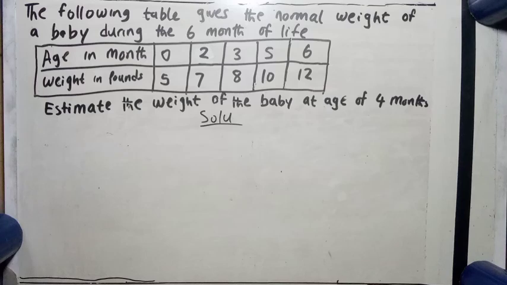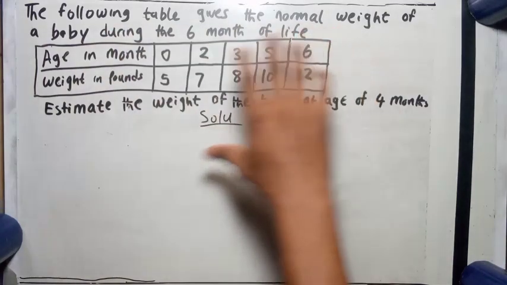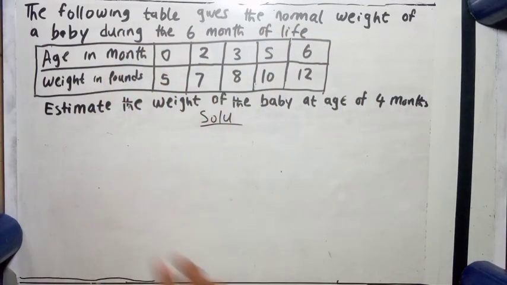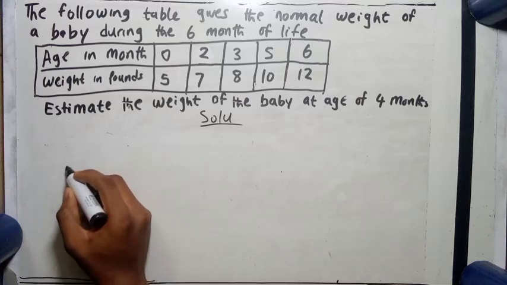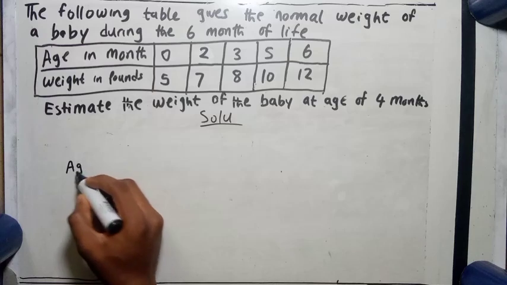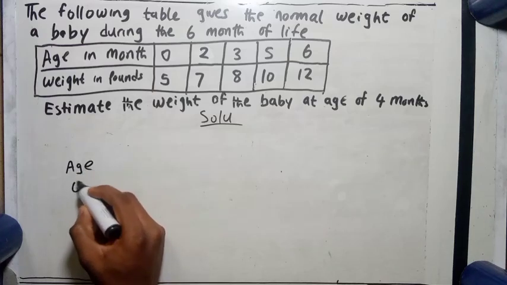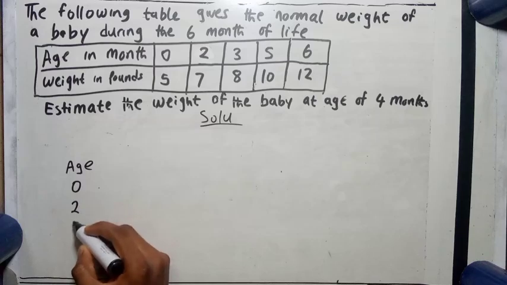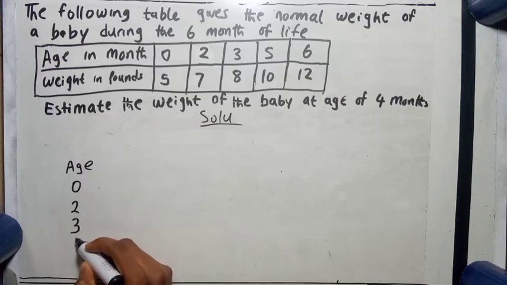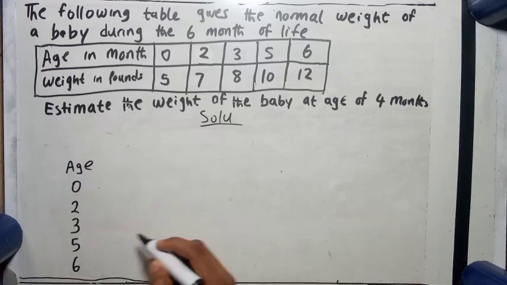Now, for Lagrange's method, for us to start to solve, we'll be converting our table to a vertical one. When we do that, for our age we have 0, 2, 3, 5, and 6.